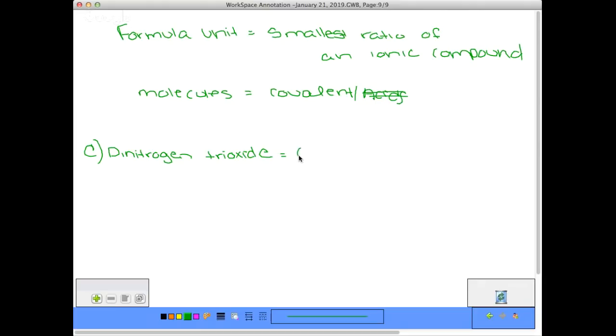This is a covalent compound. We can tell by the fact that it's nitrogen and oxygen, which are 2 nonmetals, but also the fact that since we're using prefixes, we only use prefixes when we're naming covalent compounds. So what this tells us is that my compound is N2O3. So dinitrogen, 2 nitrogens, trioxide.